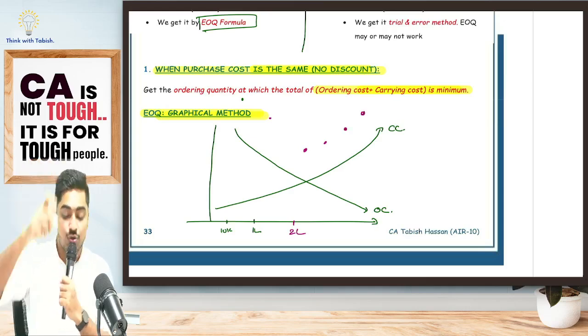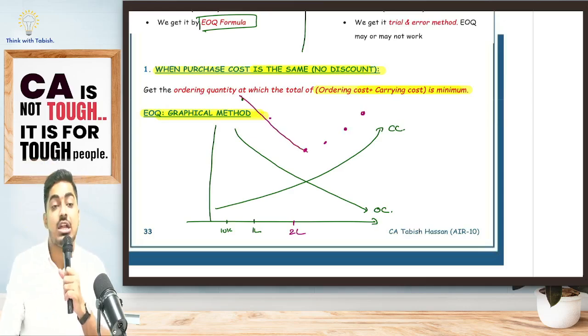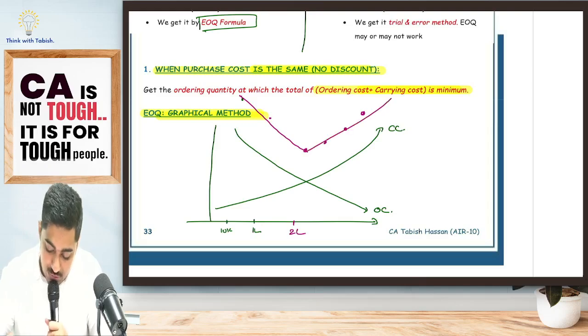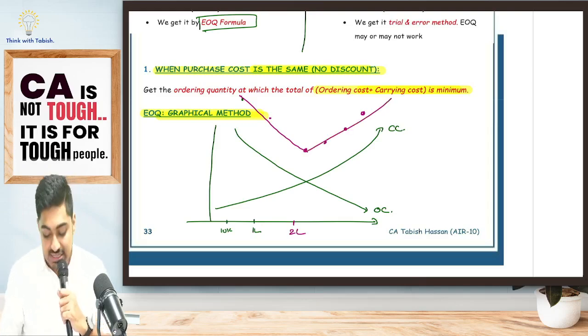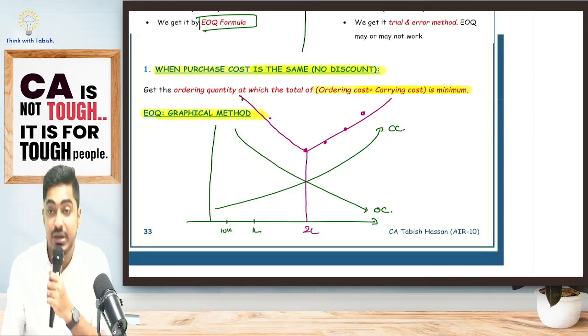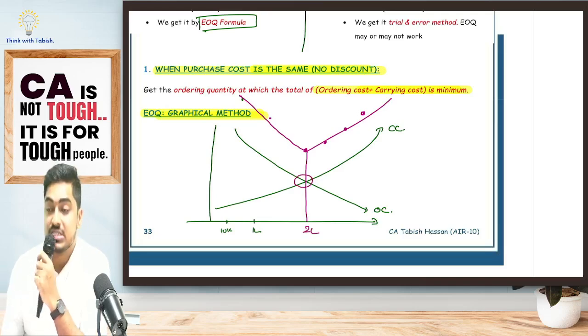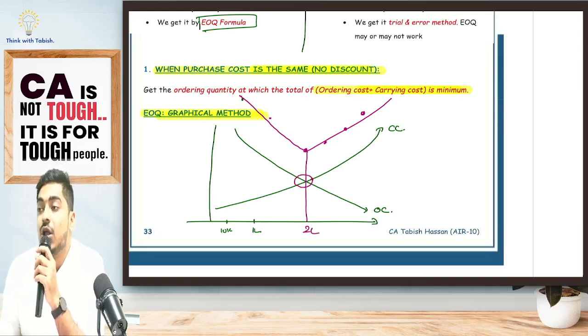So total of the two costs. Initially it will be high. It will keep reducing. At a point it will be minimum. Then it will keep slowly increasing. Now it is lowest at 2,00,000. And tell me, at my EOQ what is happening? My ordering cost will be equal to my carrying cost. Look at the situation. 2,00,000 is my EOQ.